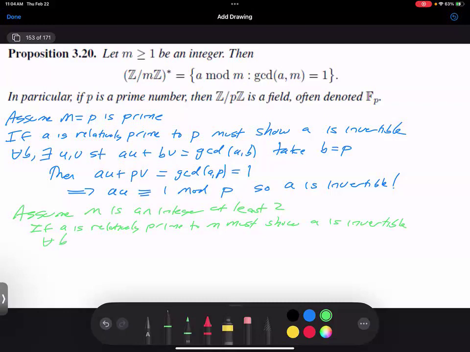So for all B, there exist U and V such that AU plus BV equals the GCD of A and B. So what should we take B to equal?